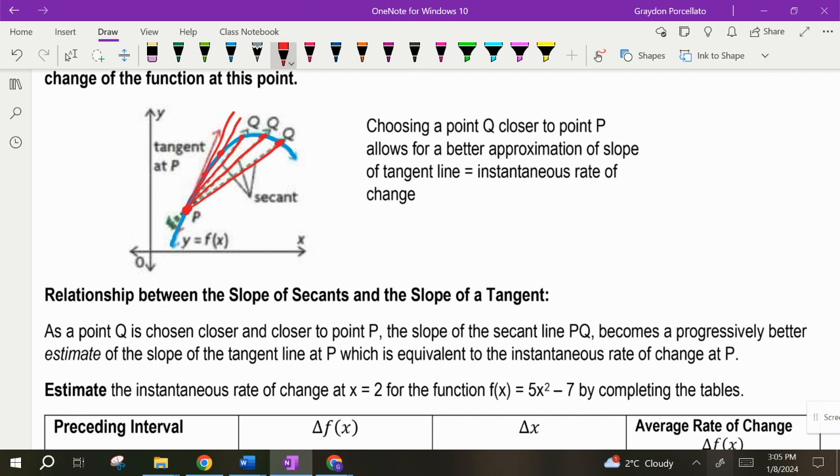So we're going to go through an example where I choose multiple points closer and closer to my focus point, which is what I want to find the rate of change of.